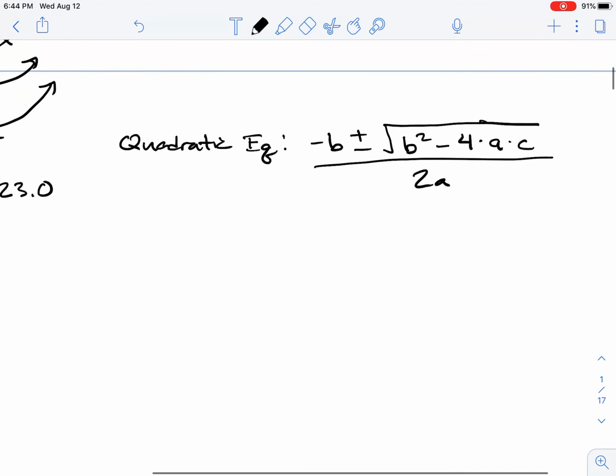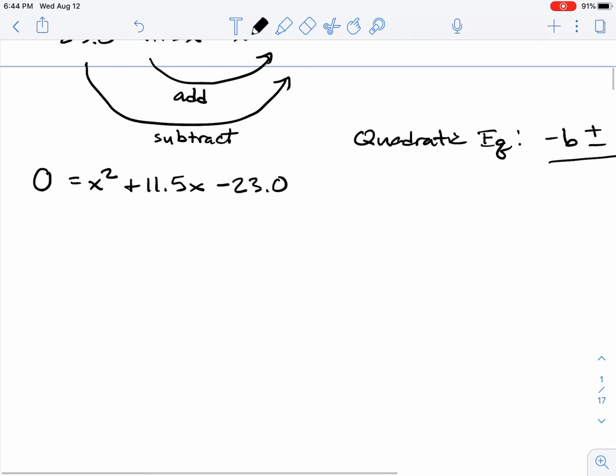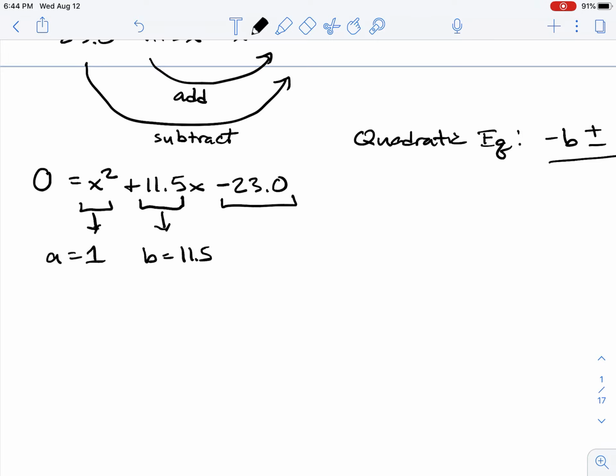And so the a, b's, and c's represent the coefficient that's in front of each term. The coefficient in front of x squared is 1, so a is equal to 1. The coefficient in front of this x is 11.5, so b is equal to 11.5. And c is going to be negative 23.0.